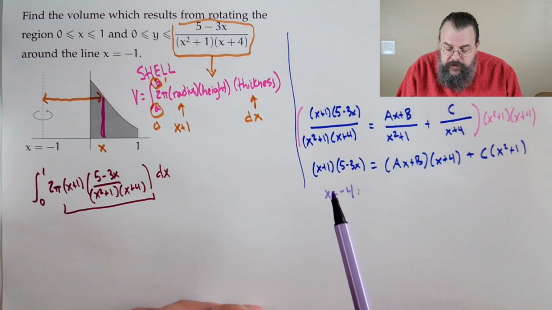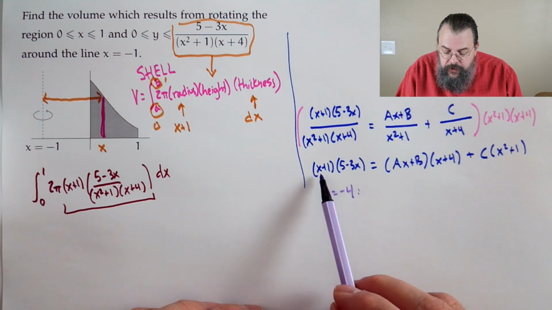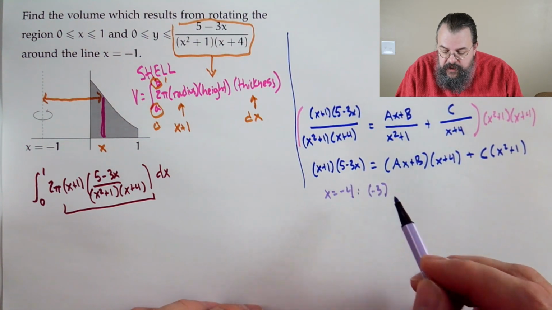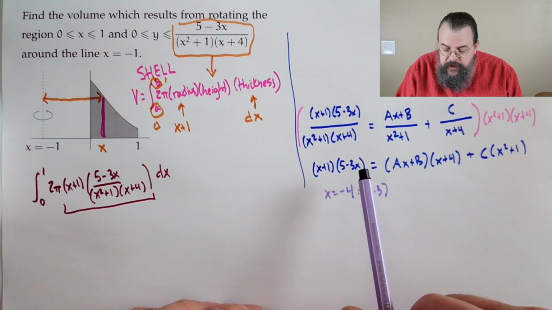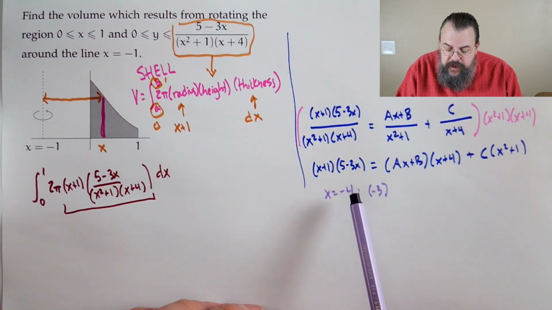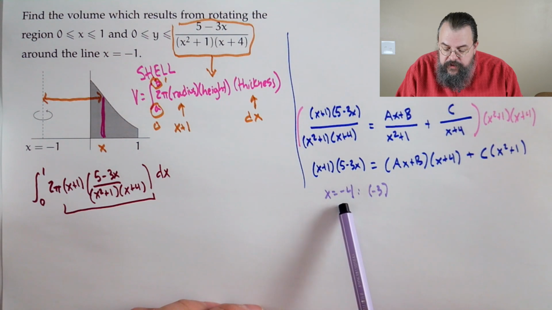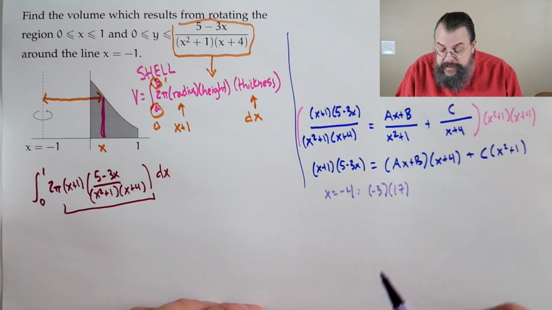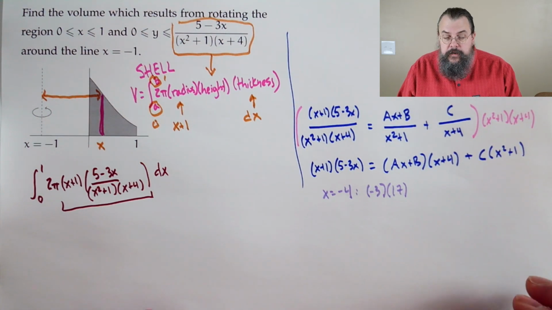Okay, so let's see what that would be. Minus 4 plus 1 is minus 3. So we have a minus 3. Then we have 5 minus 3 times negative 4. Oh, well, that's actually kind of big, right? That's going to be 5 plus 12. That's 17. Uh-oh. All right, well, keep going.